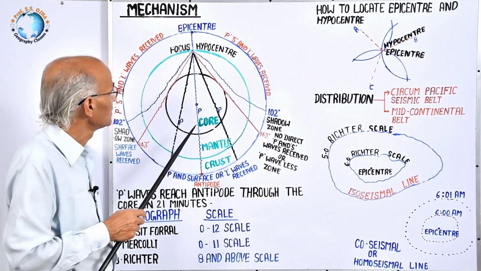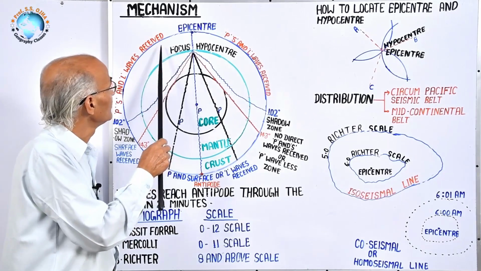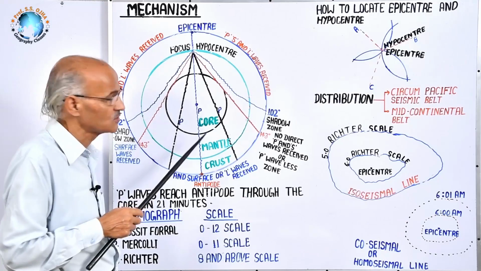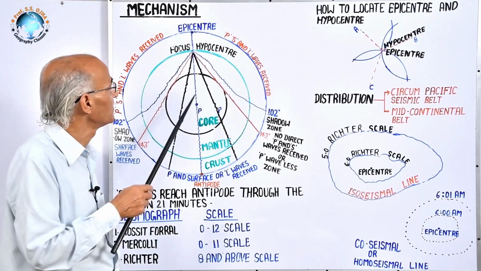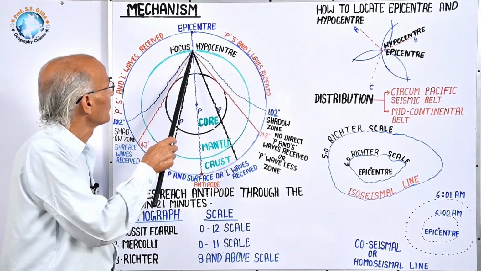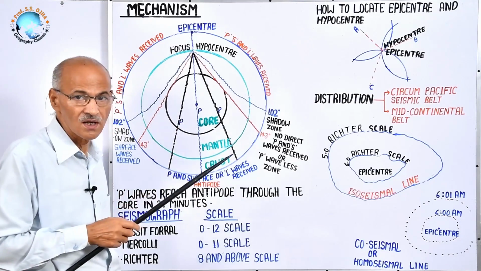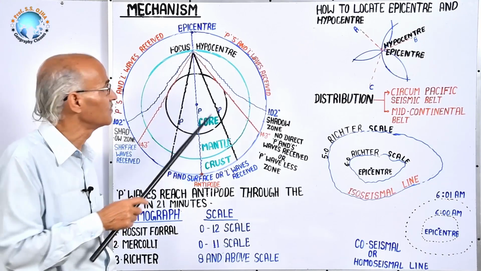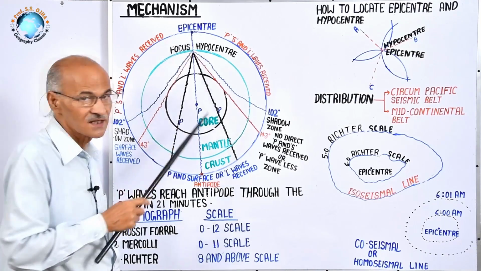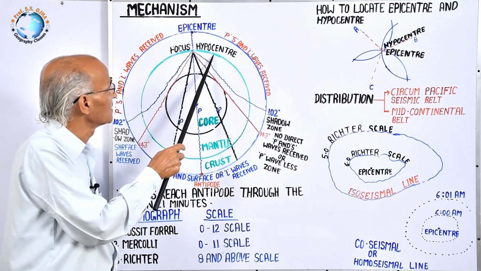And one question is: which point of the surface will experience the first P wave? The nearest point just over this focus will record the first P wave, and this point is called the epicenter.